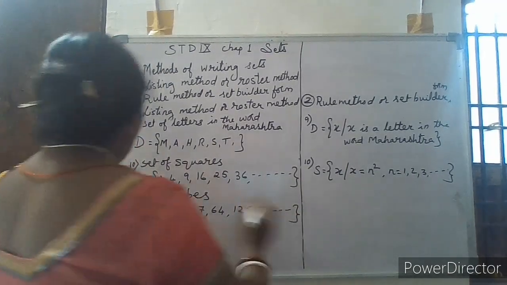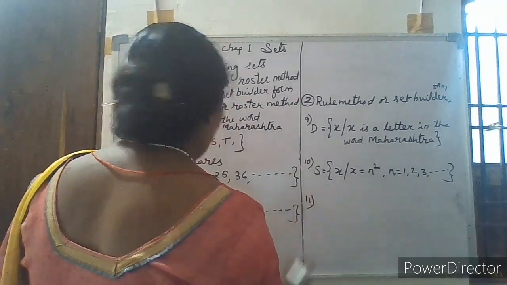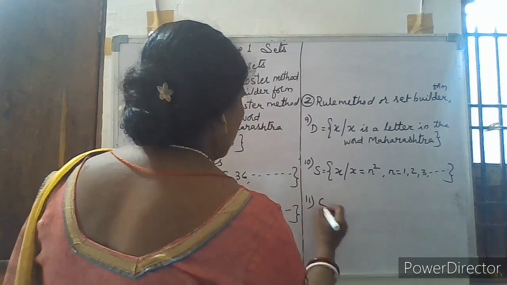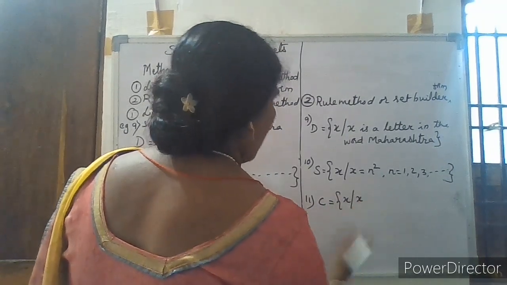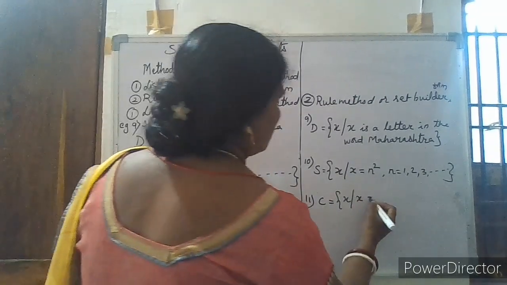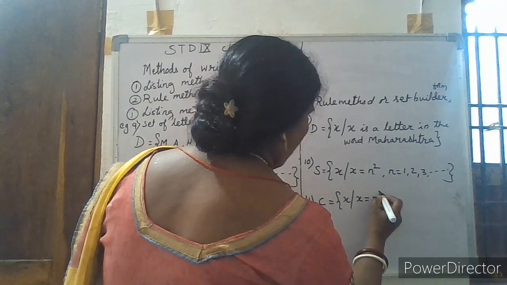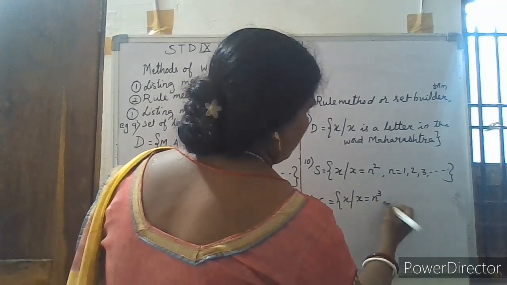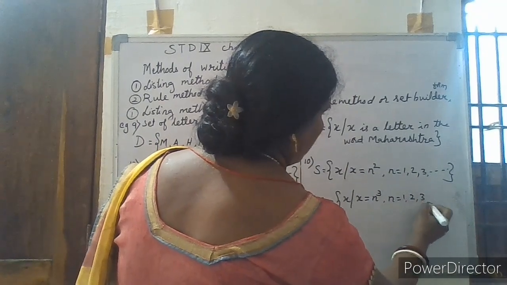Now, the same thing when we write it in the second method, C is equal to x is an element such that x is equal to n cube, where n is equal to 1, 2, 3 and so on.